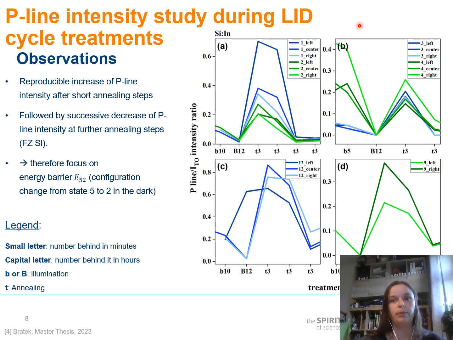This decrease of the P-line intensity we are able to measure in small steps. Therefore, we decided to focus first on the calculation of this energy barrier. To understand what the E52 energy barrier is, we need to take a quick look at the ICMSN defect model.